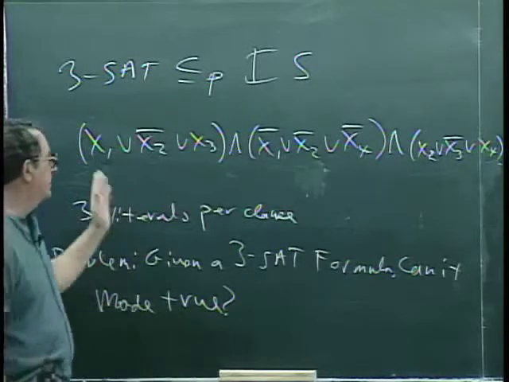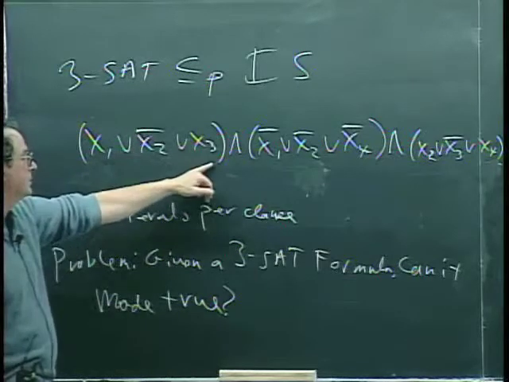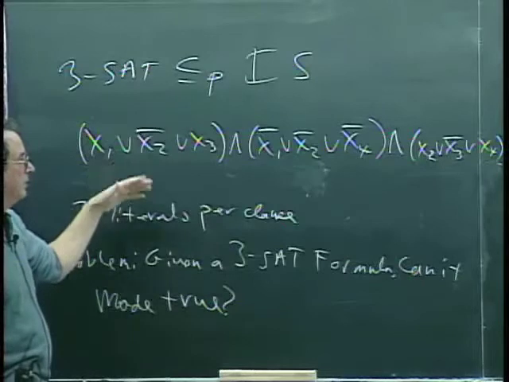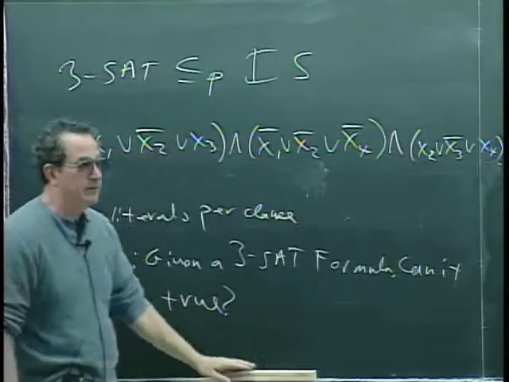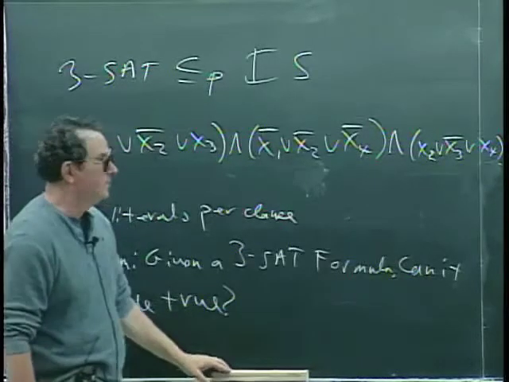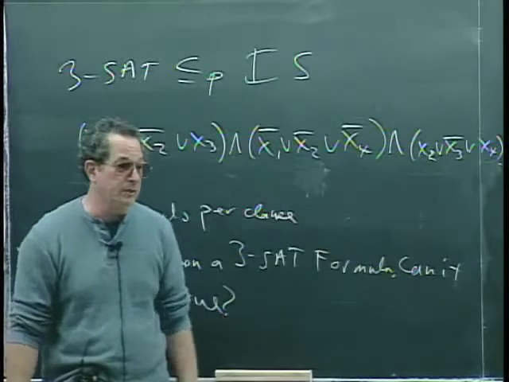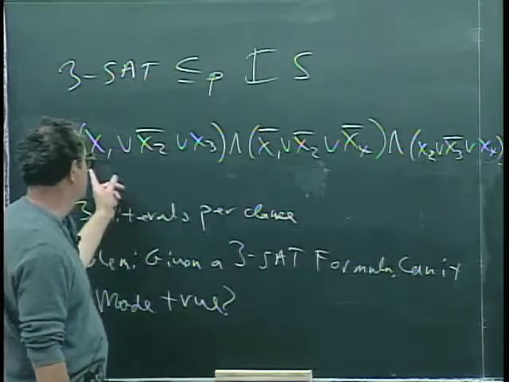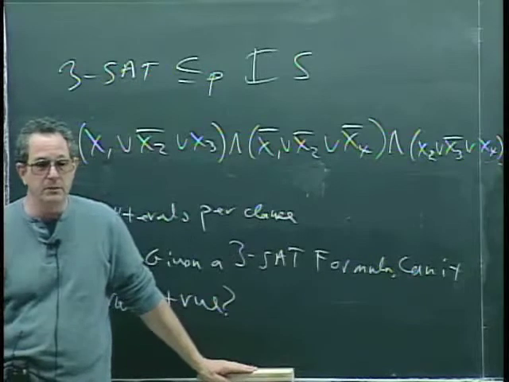The input size here is based on the number of clauses and the number of literals, which is 3 per clause. So the whole input size is roughly 3 times the number of clauses, as opposed to just the number of variables, which is n. So the number of variables is going to be, what's its relationship to the whole size of the input?